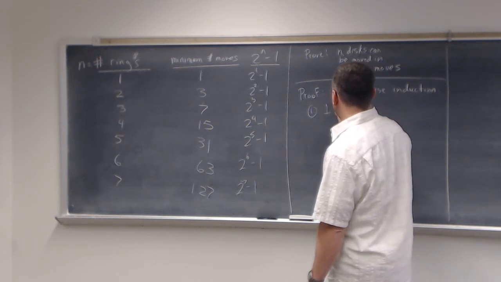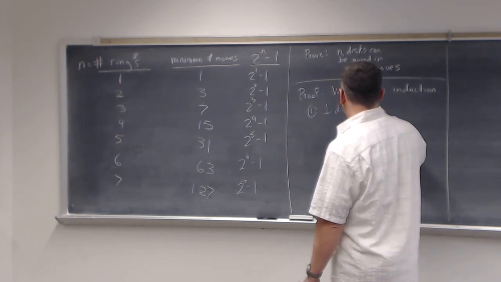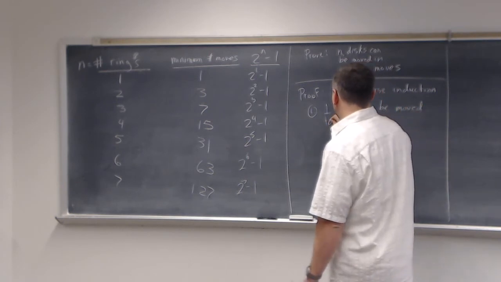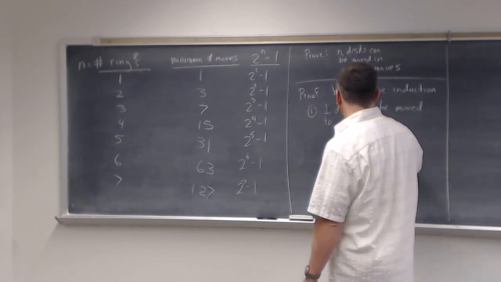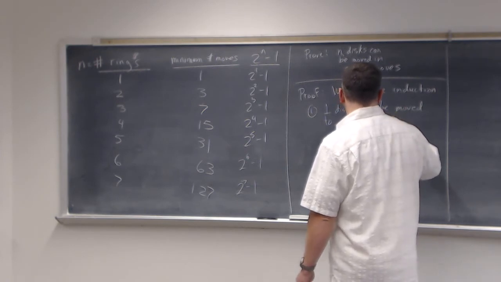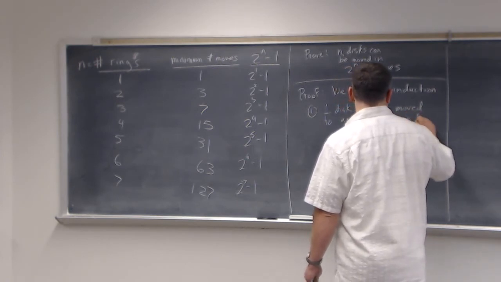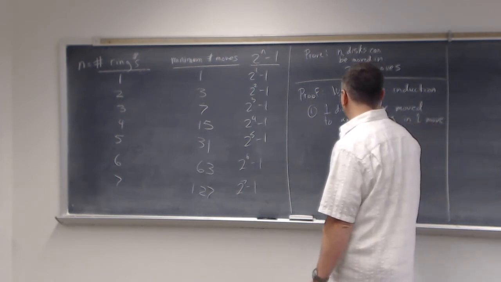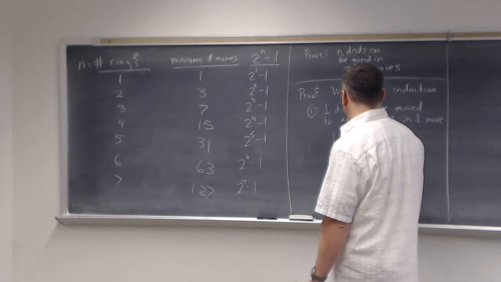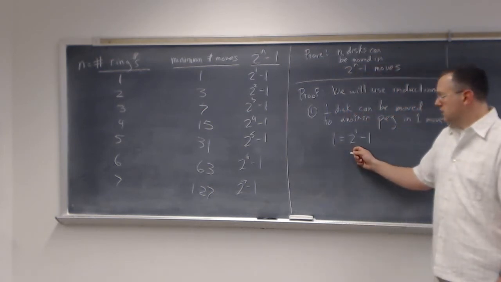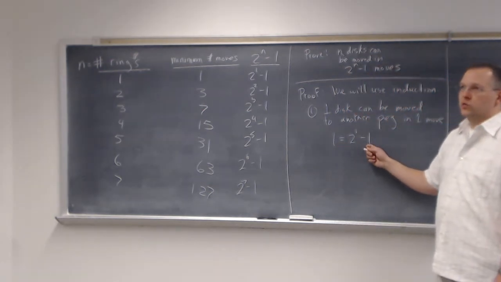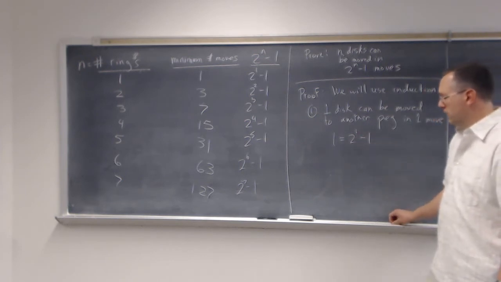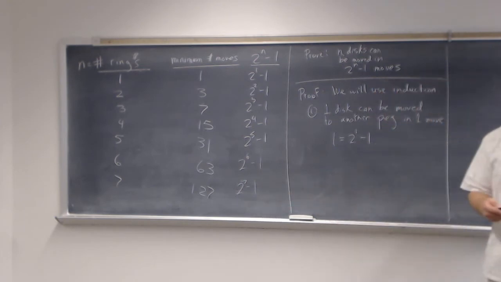So one disk can be moved to another peg in 1 move. That's consistent with the formula: 1 equals 2 to the 1 minus 1. 2 minus 1 is 1. Okay? So it's true. So the basis step is proved.